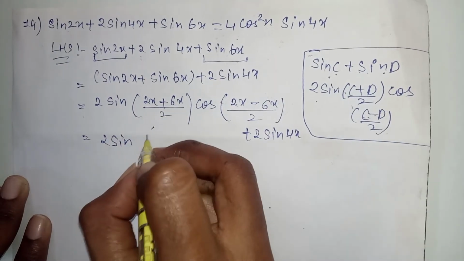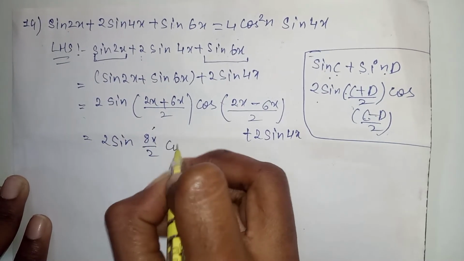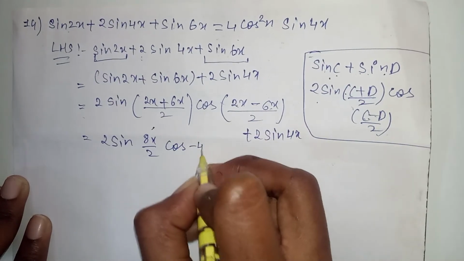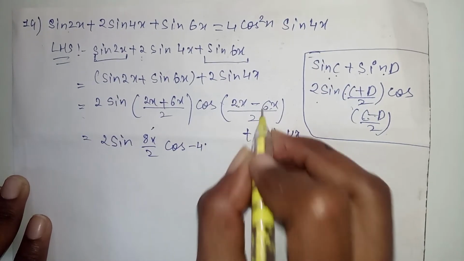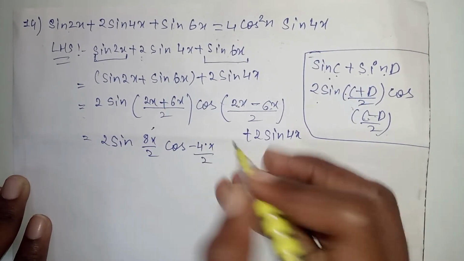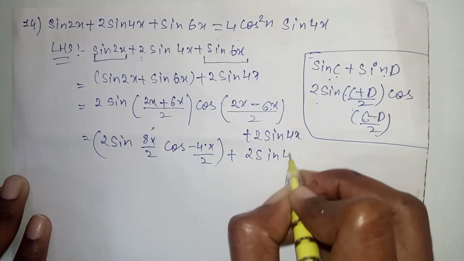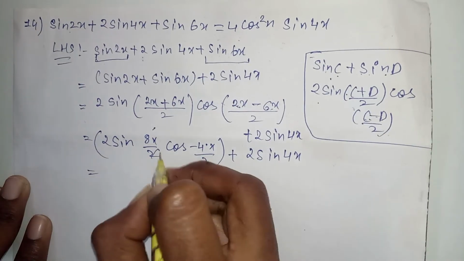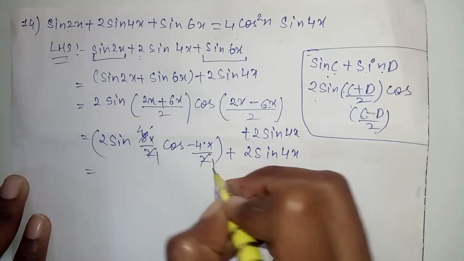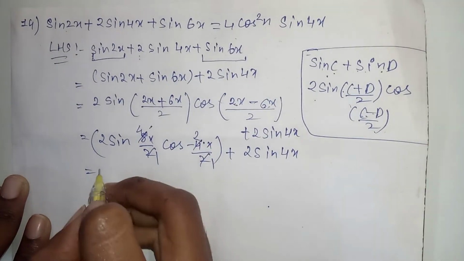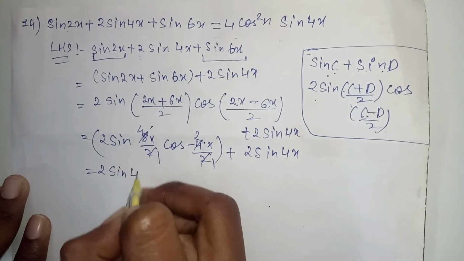So 2x plus 6x, 8x by 2, cos of 2x minus 6x, minus 4x by 2. Keep a bracket like this and 2 sin 4x as it is. So 2 ones are 2, 2 fours are, 2 ones are 2, 2 twos are, 2 sin 4x.